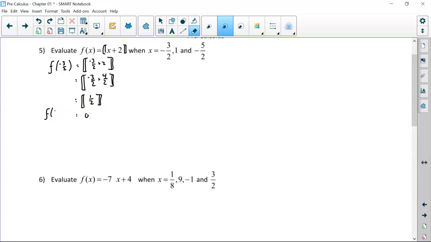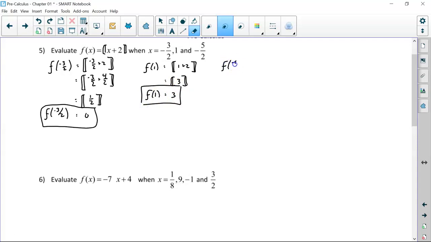So f of negative 3 halves is 0. F of 1. Greatest integer of 1 plus 2. That's the greatest integer function of 3. Greatest integer less than or equal to 3 is 3. So f of 1 is 3.